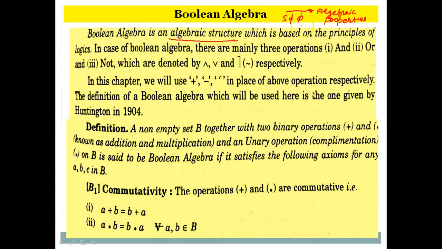For example, I'm going to name a few: the closure property, associative property, commutative property, existence of identity or identity laws, complement laws, laws of involution, and idempotent laws, etc. So in this topic, Boolean algebra mainly has three operations. One operation is AND, second is OR, and third is NOT.